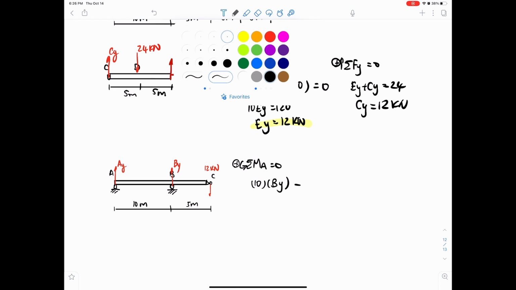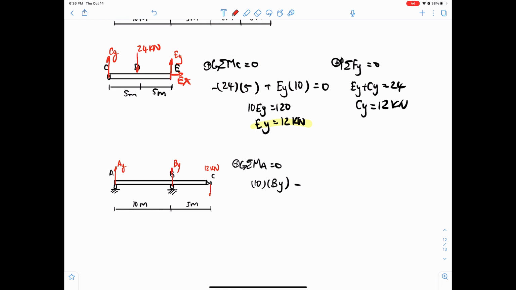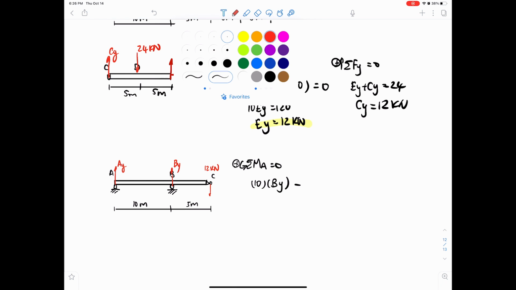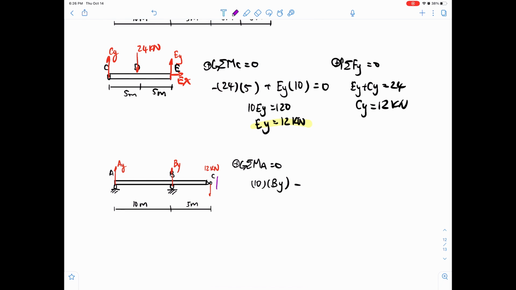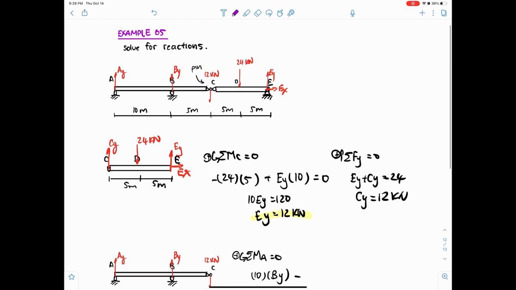15, oh, sorry. When you split up the system, don't be like me, always remember that there are these reactions, okay? So if we're splitting it up here, if you imagine this, not a very good drawing, but these are these two segments right here.